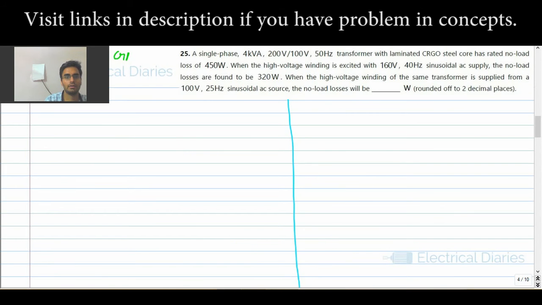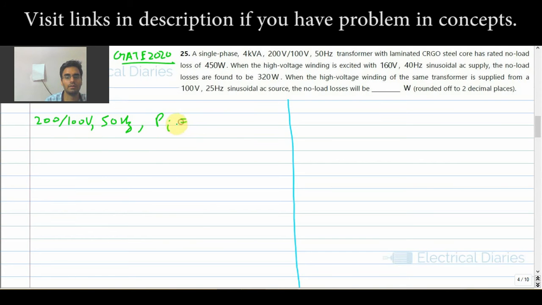Okay, GATE 2020. A single phase 4 kVA transformer with laminated CRGO steel core has rated no load loss of 450 watts for a 200 by 100 volts 50 hertz transformer.